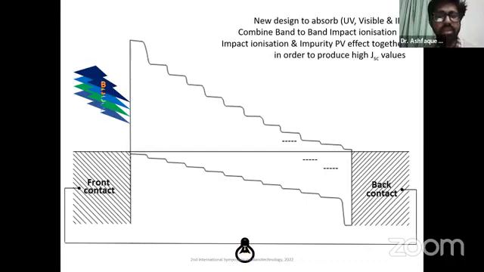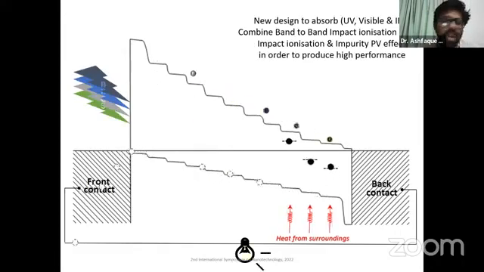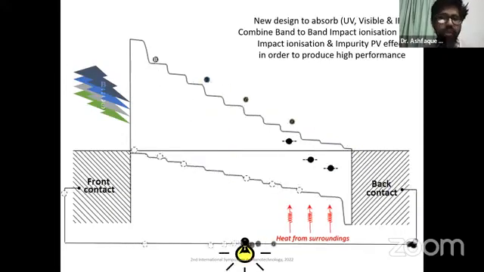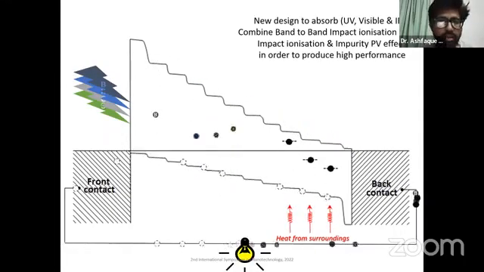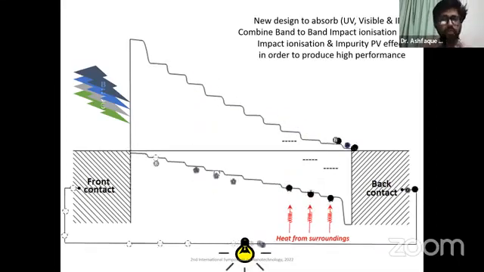So there can be impurity PV effect, there can be impact ionization individually, and there can be a combination of impact ionization and impurity PV effect. So therefore, we can see that it can actually create an abundant flow of carriers if we can incorporate the graded bandgap structure into a solar cell.